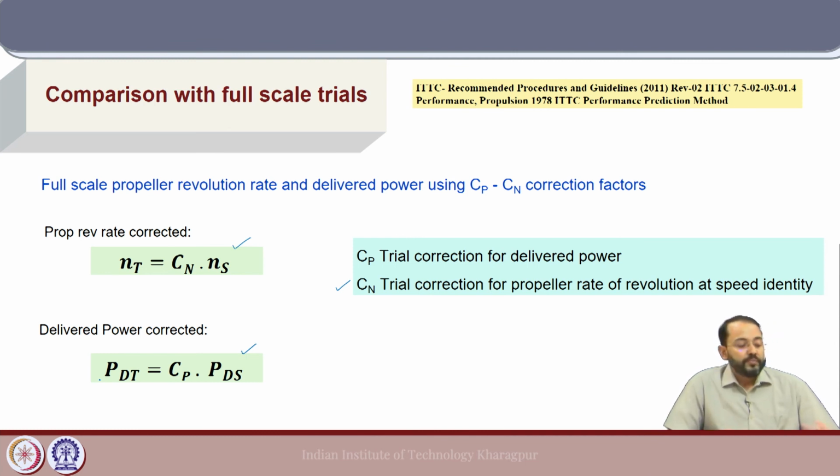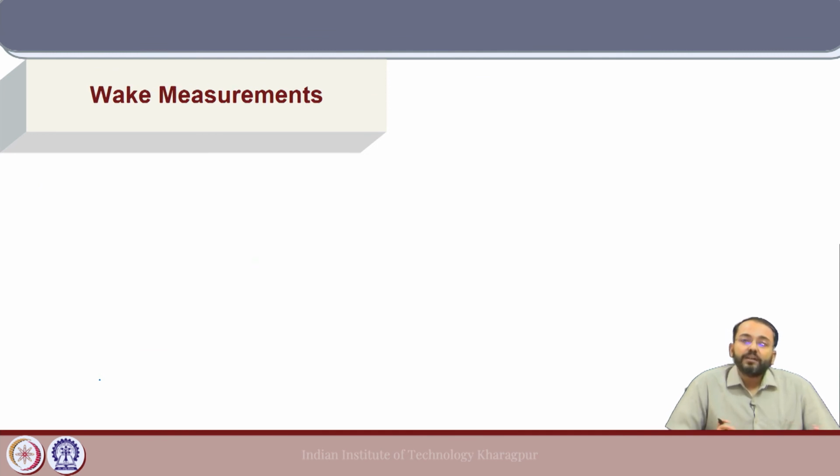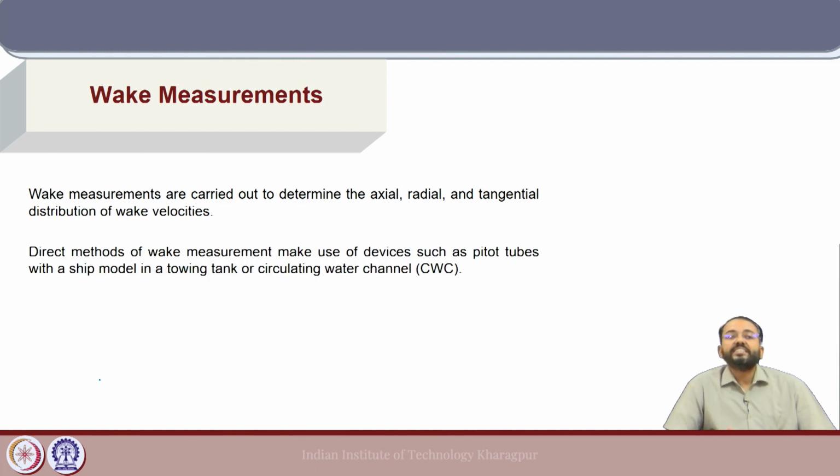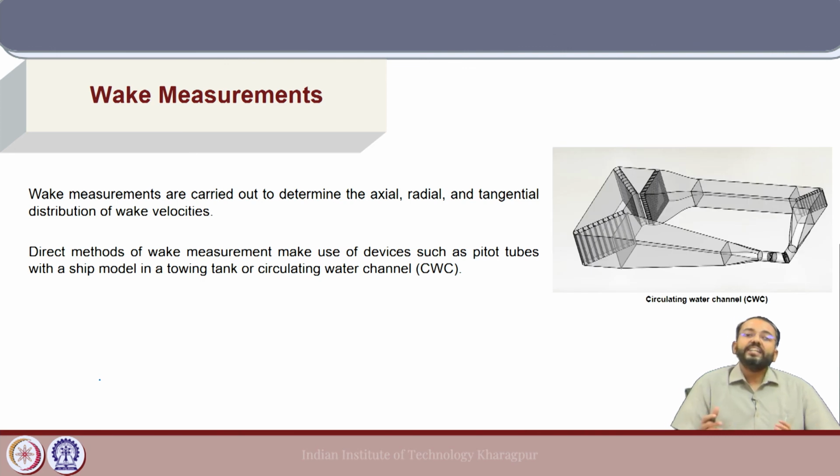Now, some other measurements that are done related to propellers are wake measurements, which are typically done to assess the wake velocities behind the ship hull in the propeller plane without the presence of the propeller.